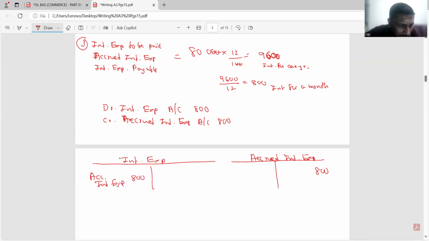Increase the expense, increase the liability. Dual impact, two impacts. Always dual impact should be there. Simple.